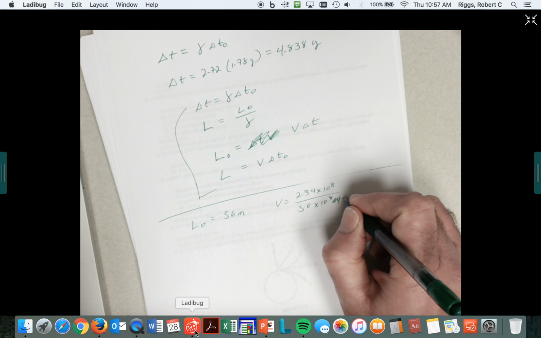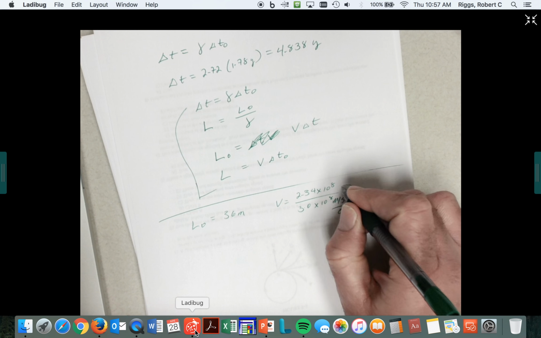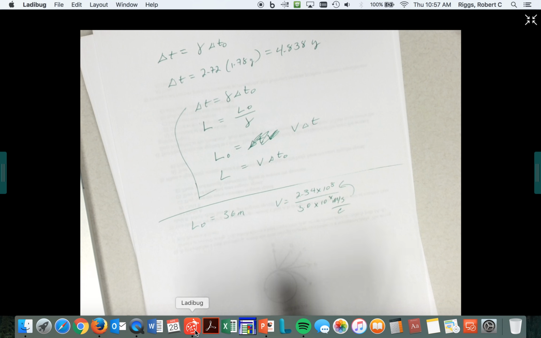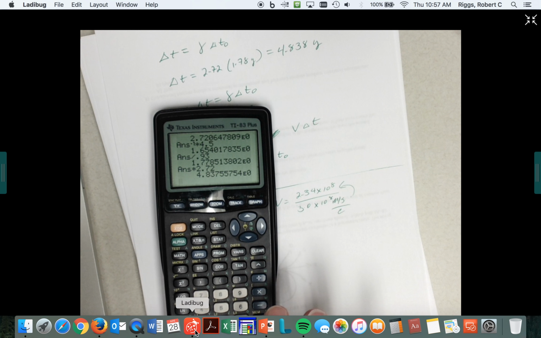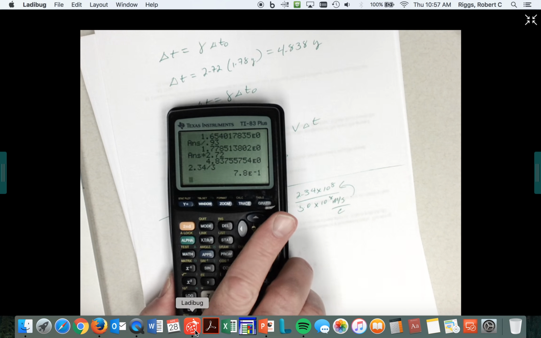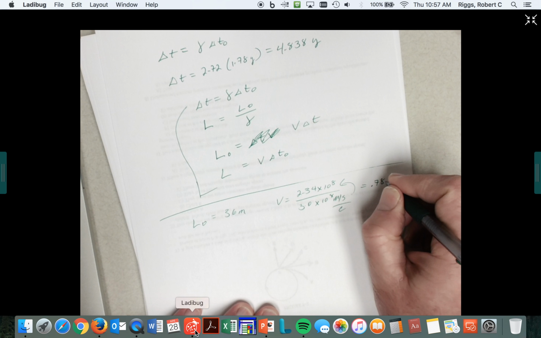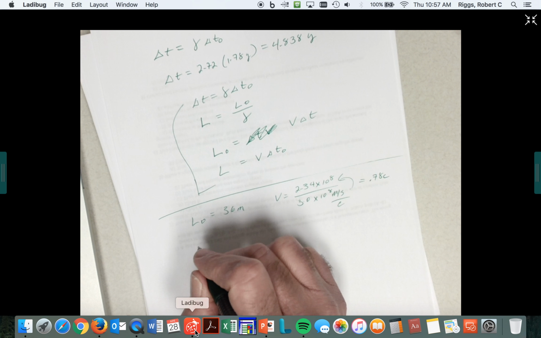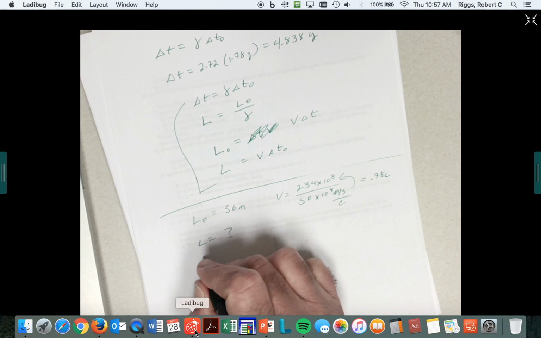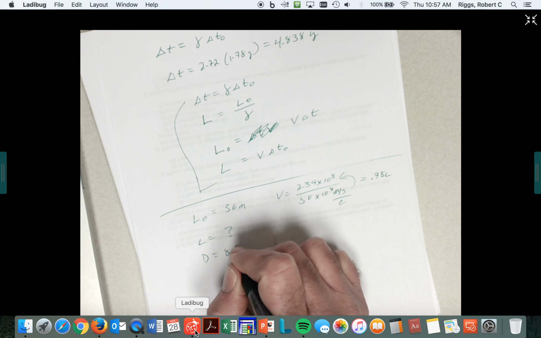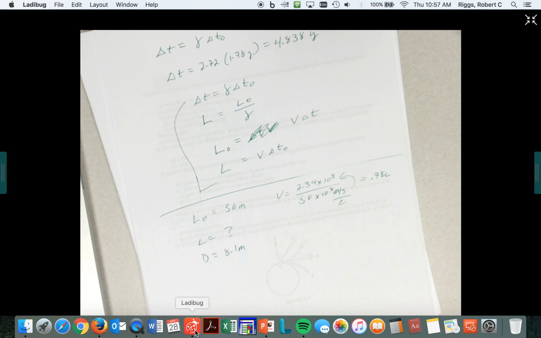So the c goes up here. And so let's just take 2.34 divided by 3, and we get 0.78, okay? 0.78 c. And they want us to find L. We already found D. That was the 8.1 meters, so we're not worried about that.